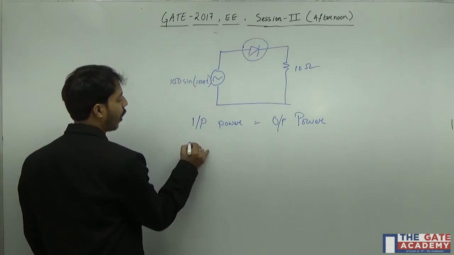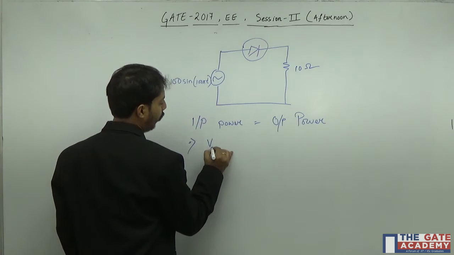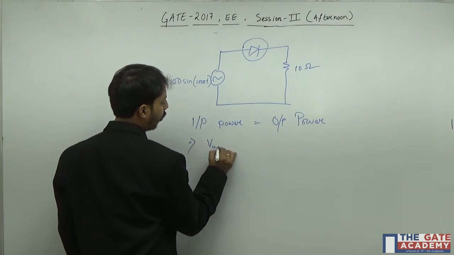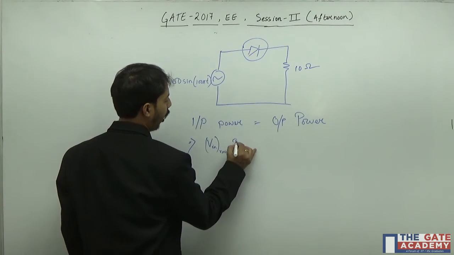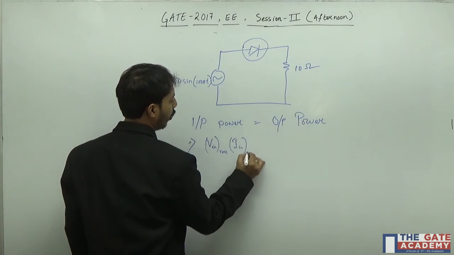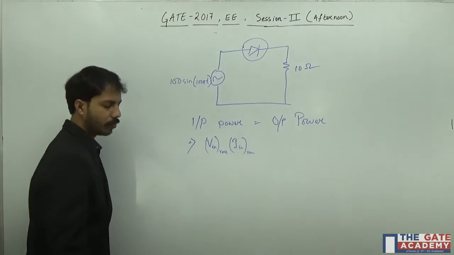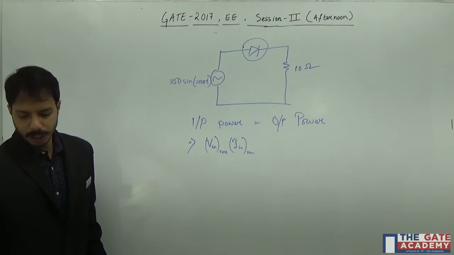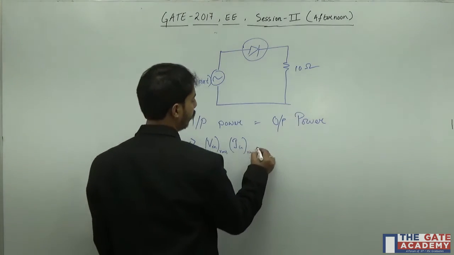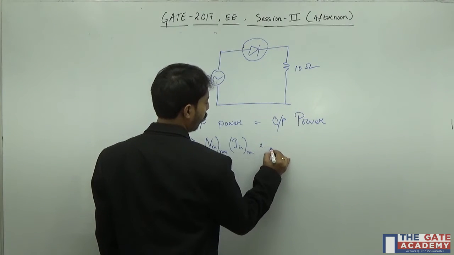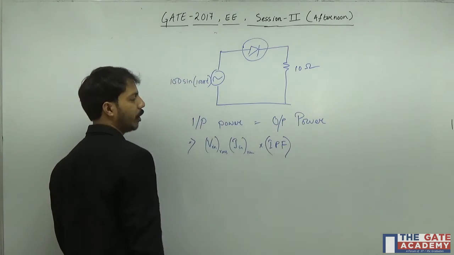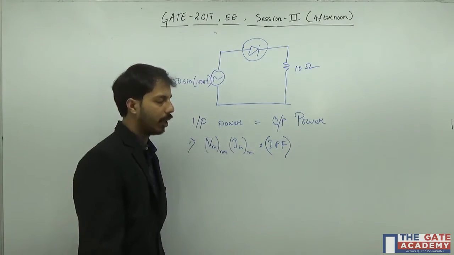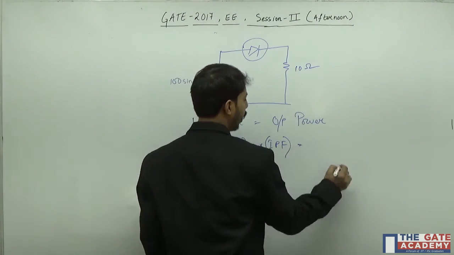So input real power is nothing but V input RMS value into I input RMS value, okay, into input power factor. So this is something which we need to find. This is nothing but cos theta, as we know.